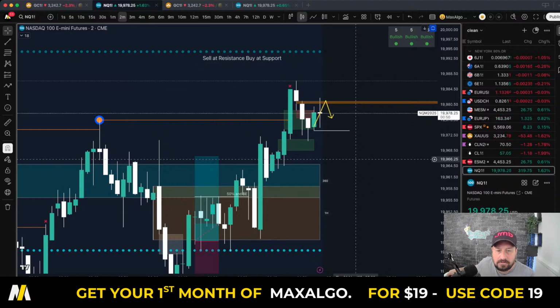I swear, if it closes as a doji, that's just mean. 32 seconds to go. Then we get the doji.